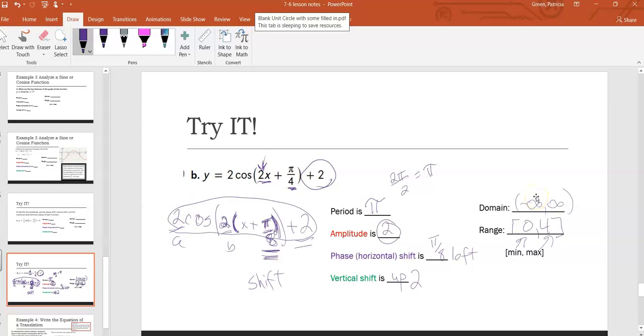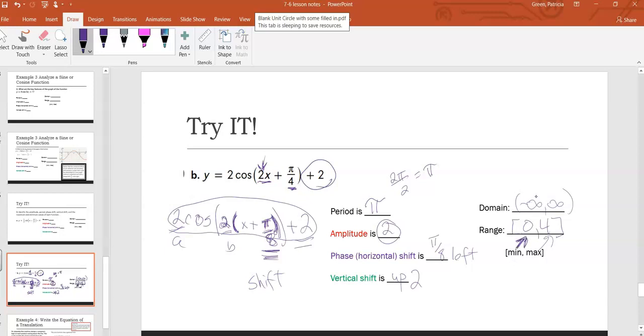The range, I always think of what is the smallest value of cosine? And if you look on your unit circle, the smallest the x is, is -1. So that's the smallest any cosine of anything could be is -1. So 2 times -1 is -2 plus 2 is 0. So that's my minimum right here.